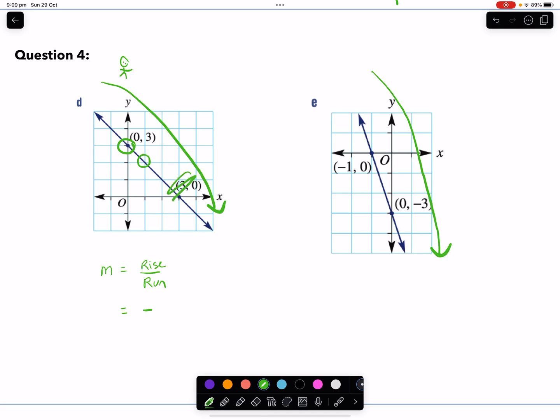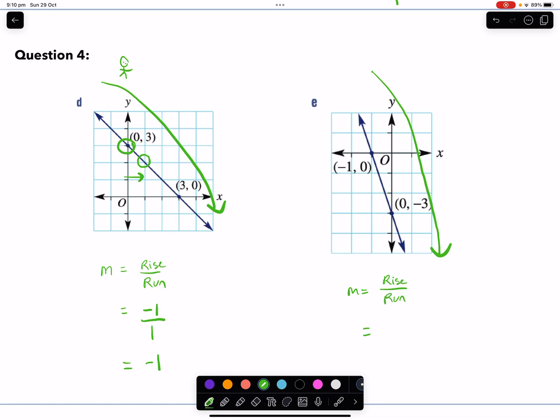I don't need this one because that's actually easier. So it's falling down by 1 box and it's running across just 1 space. So the answer is -1 divided by 1. That's a -1. Let's go to question E on the right. M equals rise over run.